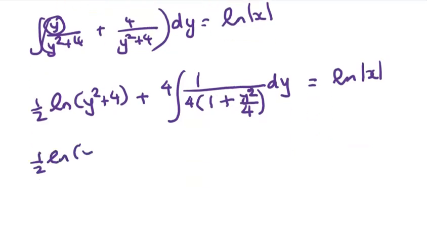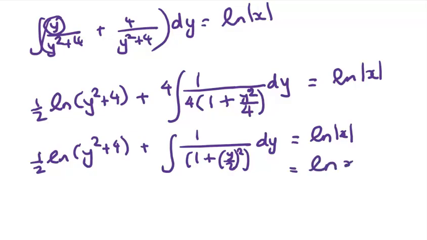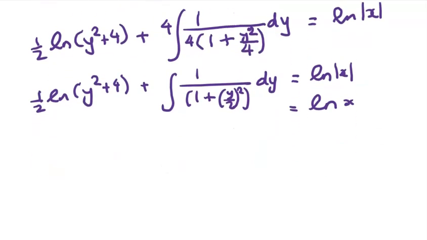And just cleaning that up a bit more, you can see that here we've got 1 over 1 plus y on 2 squared dy is equal to the natural log of x. Also, we know that x is positive, so we can drop the absolute value signs there as well.